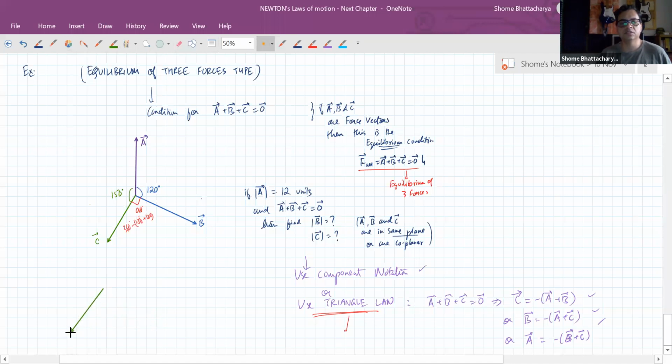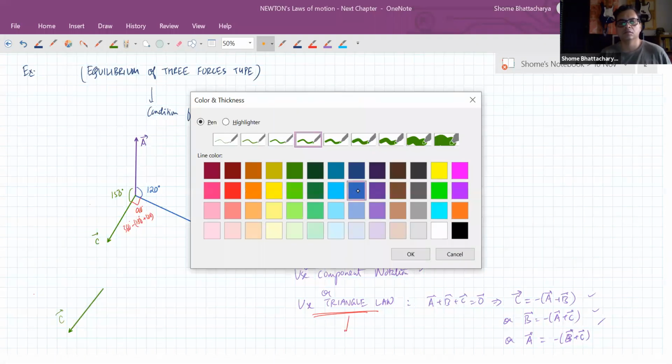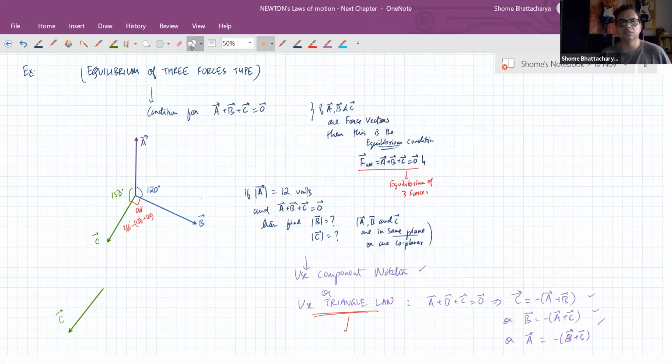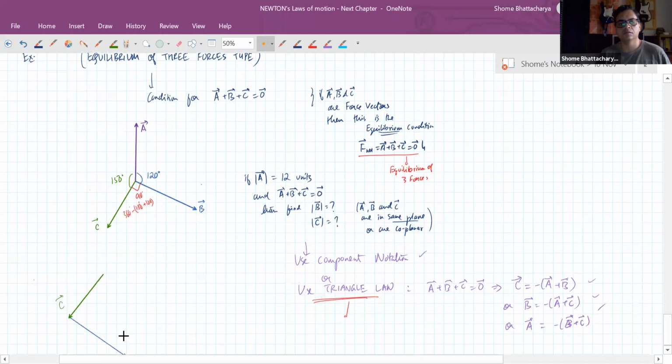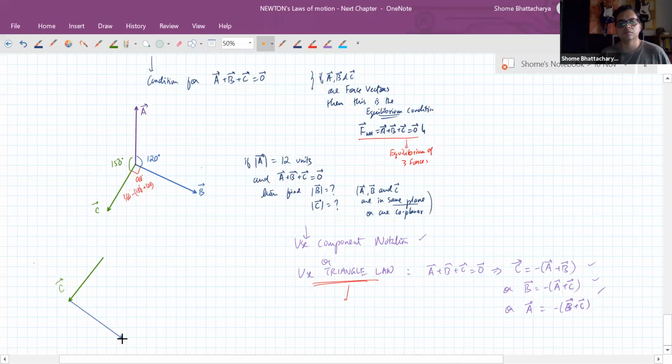now you know that the vector C is like this. To that, if you add the vector B, B is at 90 degrees with respect to C. So you'll get a right angle triangle. This angle is 90 degrees. This is your vector B. Okay.